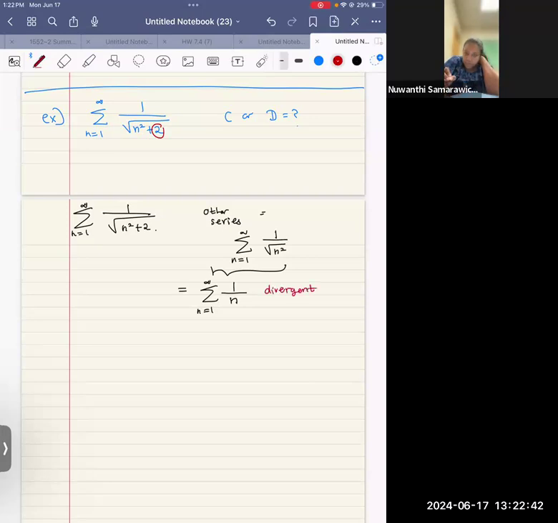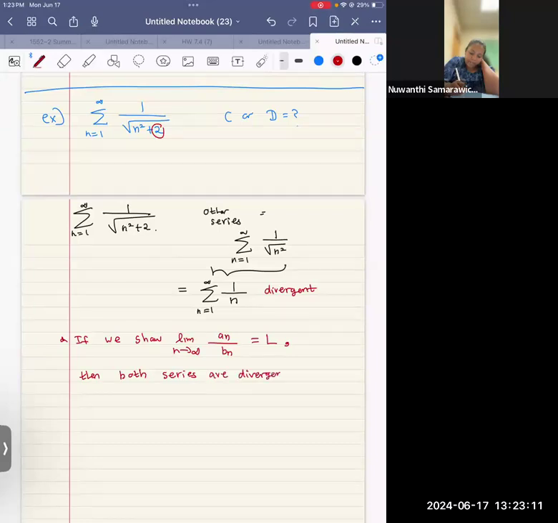So if we show that the limit as n approaches infinity of a sub n divided by b sub n is a finite positive number, then both series are divergent.